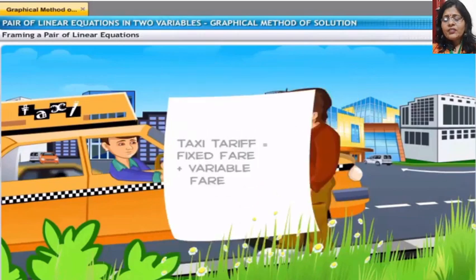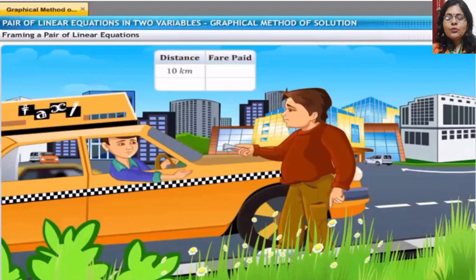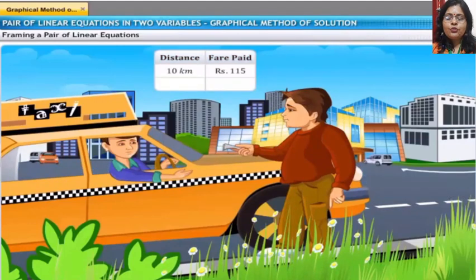He did not tell the exact amount, but he has told some information, and with that, this man should be able to find out what the actual fare is. So he has told that for 10 kilometers, the fare is 115. For 15 kilometers, the fare is 165. With the help of this, let us find out the actual fixed fare and the variable fare.